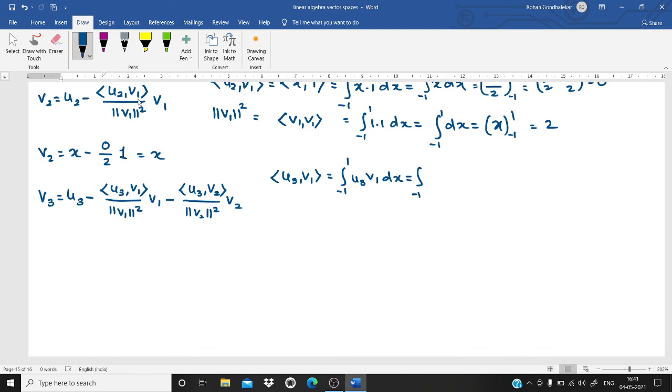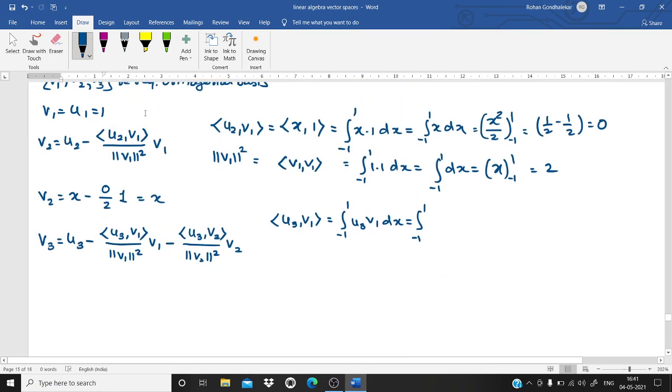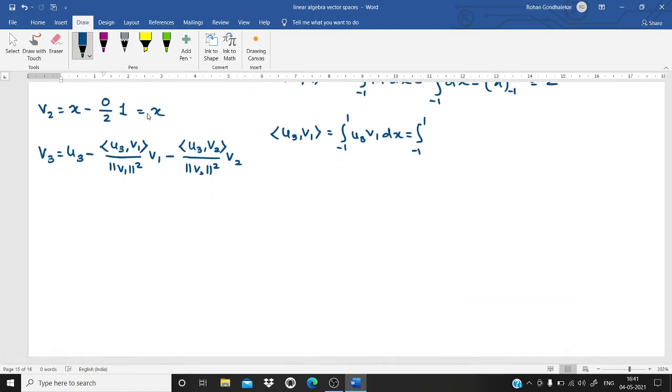In the example, what is U3? x square. And V1 is 1 itself. So integration of x square into 1 dx. What is the integration of x square? x cube by 3, limits from minus 1 to plus 1. So how much is it? One by 3 minus of minus 1 by 3, that gives us 2 by 3.